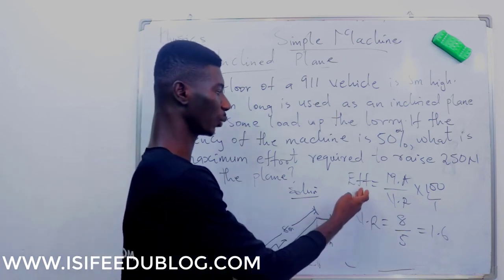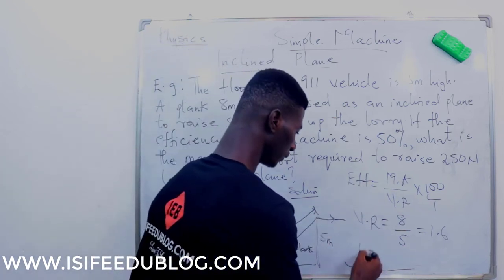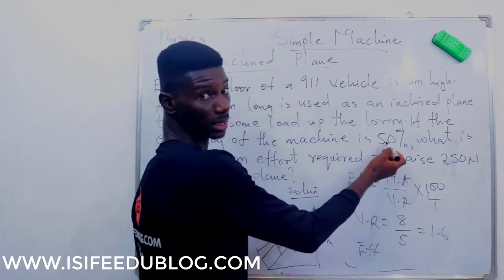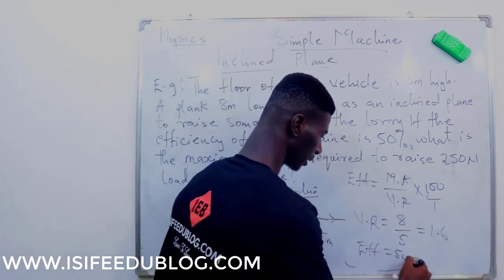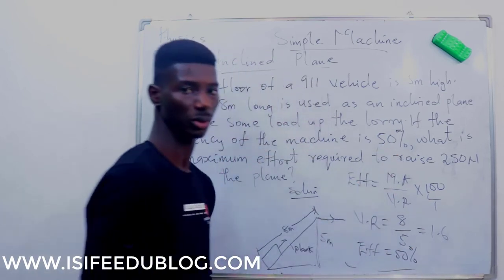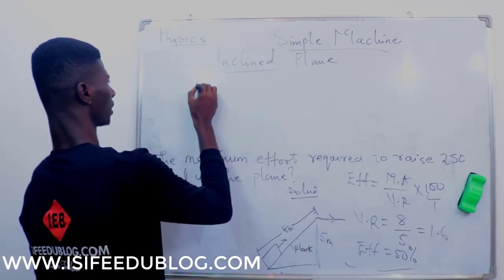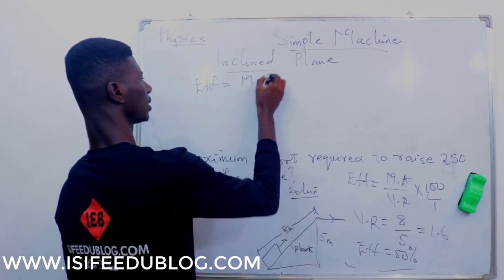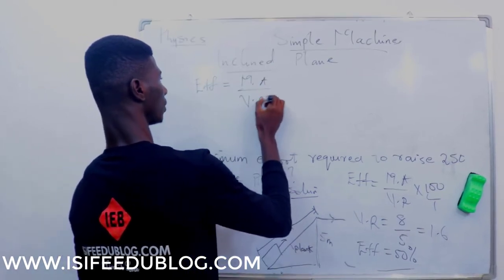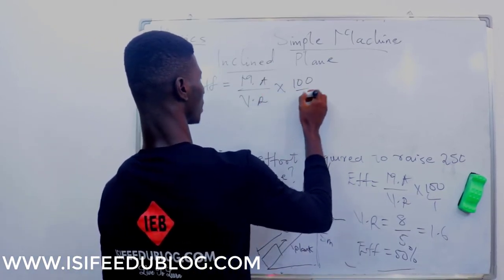Our efficiency, according to the question, is 50%. Now efficiency is mechanical advantage over velocity ratio times 100% over 1.